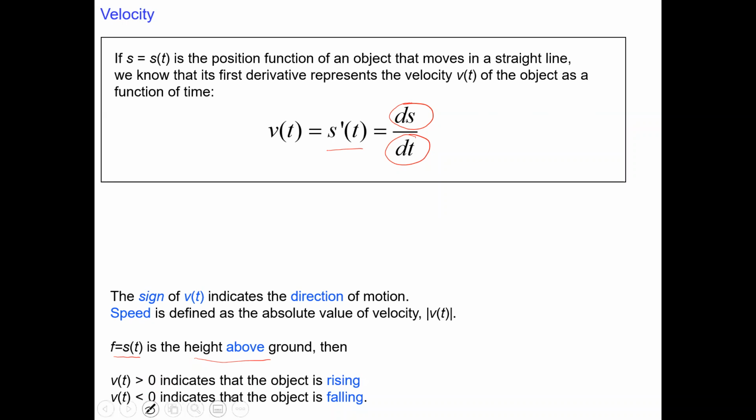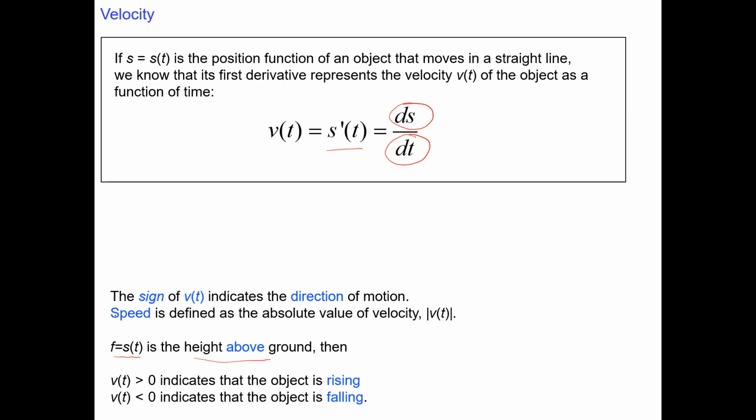The negative velocity indicates that the object is falling. Quite important information. Or sometimes we can say positive velocity indicates that the object is moving in the positive direction. Negative velocity indicates that the object is moving in the negative direction, if we imagine a straight line.